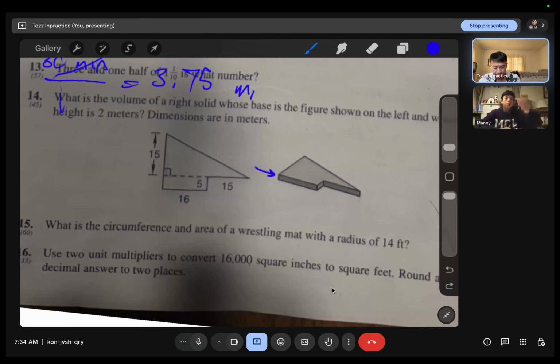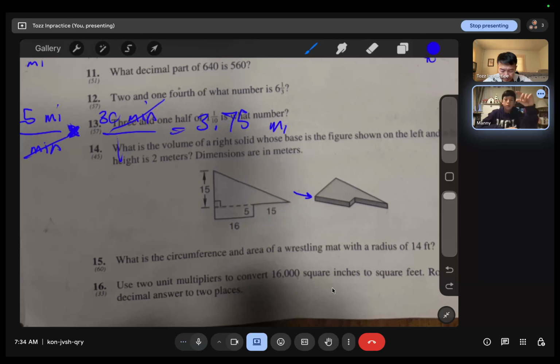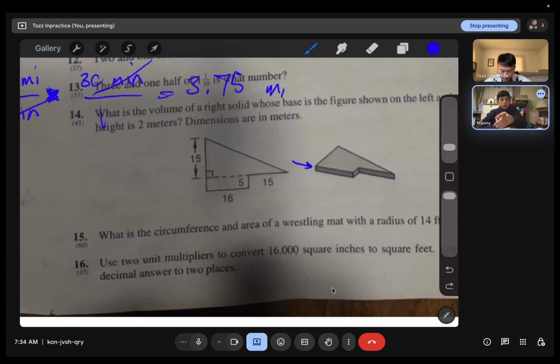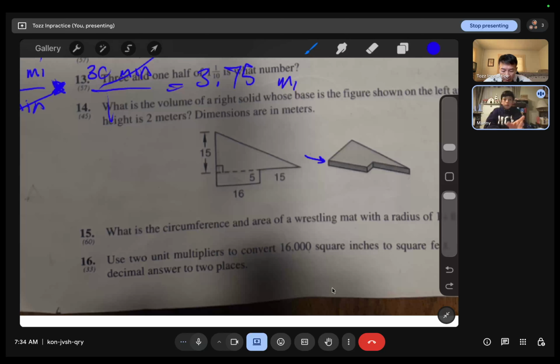So you have to find the area of the triangle and the rectangle. Since the side is 15 and the smaller side is 5, you subtract 15 by 5. So the side of the triangle becomes 10 and the side of the rectangle becomes 5. So for the triangle, you do 10 times, and then since it's 16 here and 15, you have to add 16 and 15, which is 31.